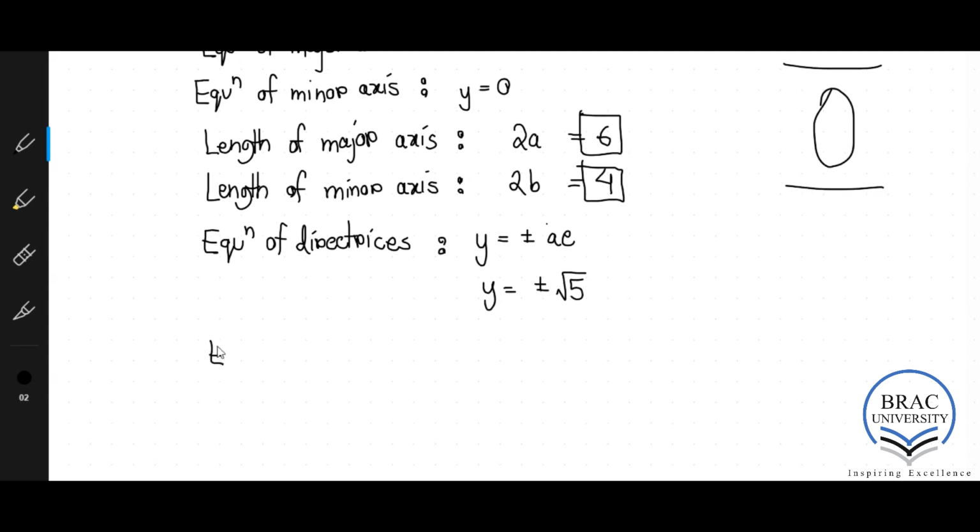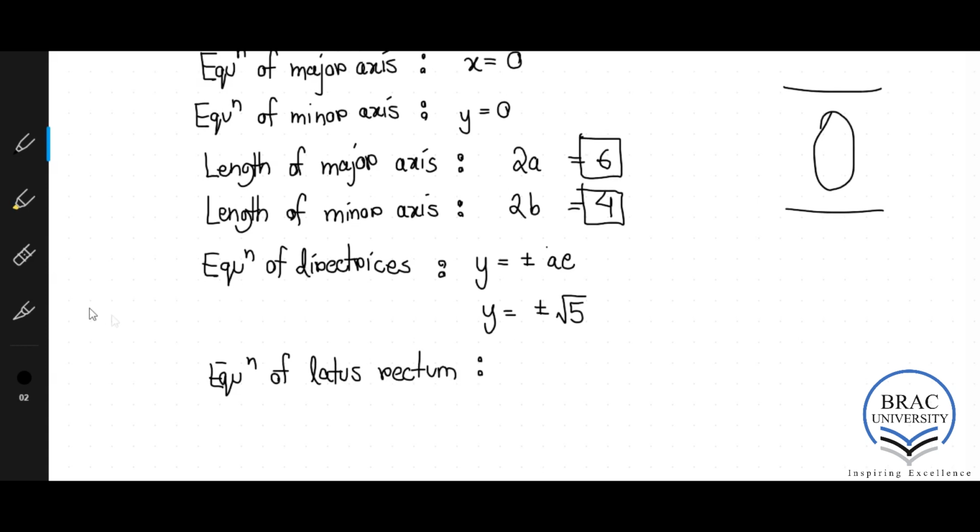Finally, we have the last few things. Equation of latus rectum, which is, pardon me, I've done a small error here. The y is here plus minus a over e, and so we have plus minus 9 over square root of 5.